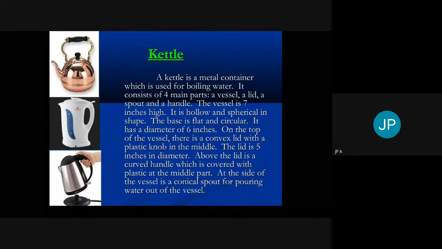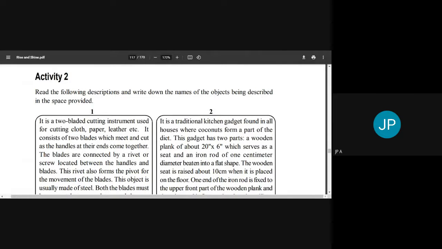Now let us come back to the text. There are two descriptions, very interesting ones. That is in activity 2 of page 103. That is the next page. If you look at this, there are two descriptions in this activity.